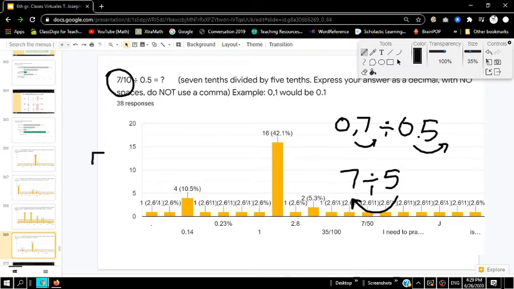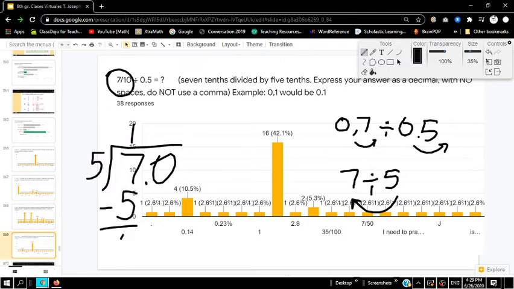So let's just actually divide that right over here. 5 can go into 7 one time, subtract, bring down my next number, bring my decimal point into my answer, and 5 times 4 is 20. So your answer should have been 1.4, which is reflected right here in the graph.